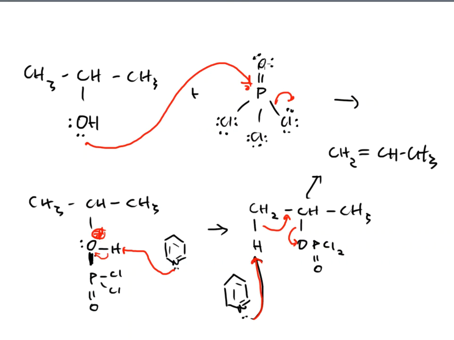My POCl3, phosphorus oxychloride, oxy for oxygen, chloride for chlorine, takes the OH, whoop, off it goes. Takes the neighboring hydrogen, whoop, off it goes. And a double bond forms in between those two carbons without rearrangement taking place.